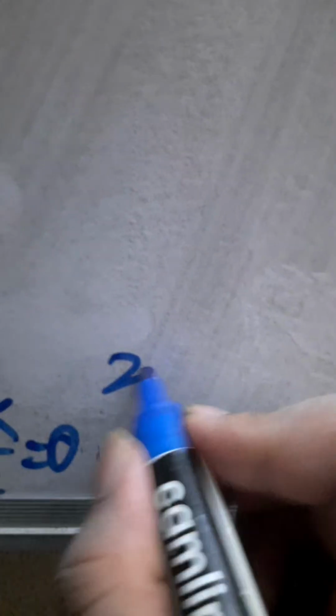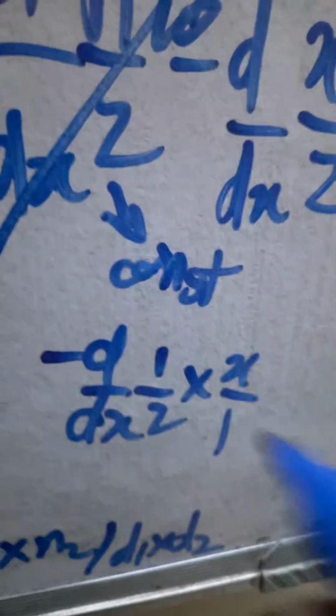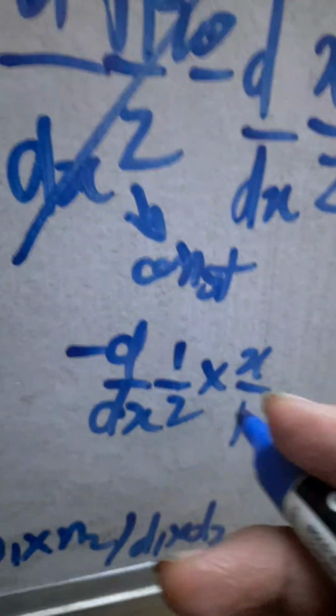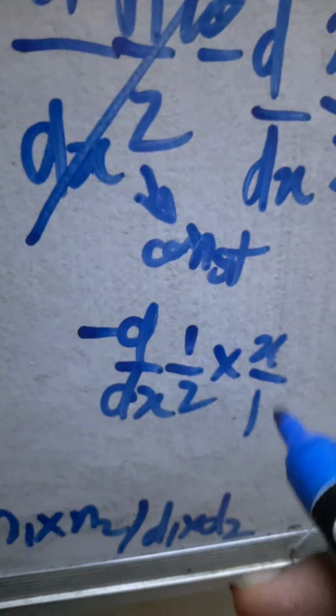So I can write x as x into 1 and 2 as 2 into 1, and break it up. The same thing comes, x by 2. The question didn't change, no issues there.